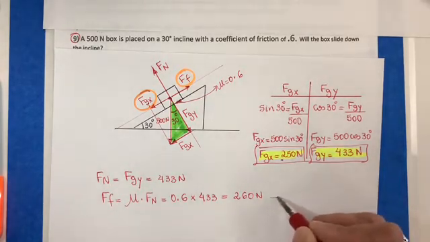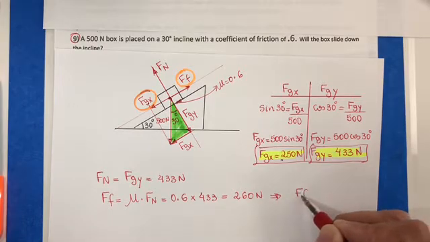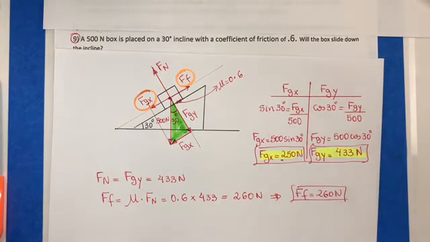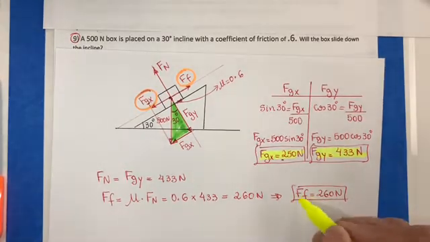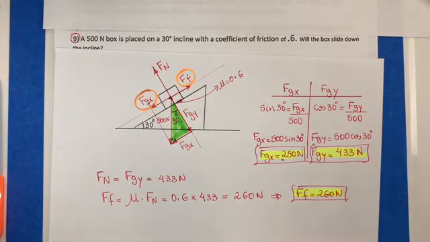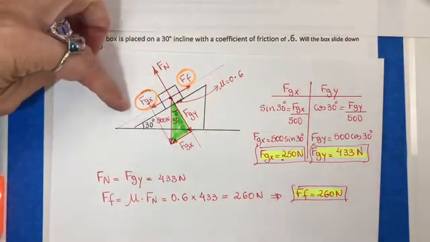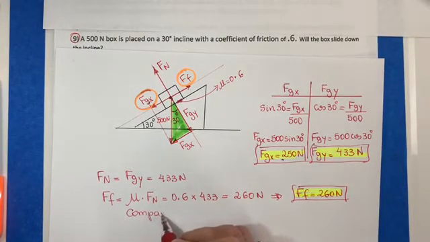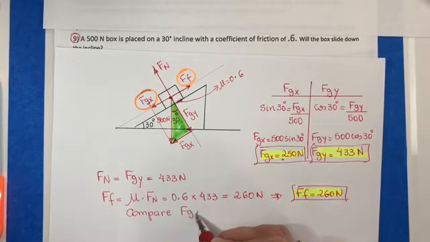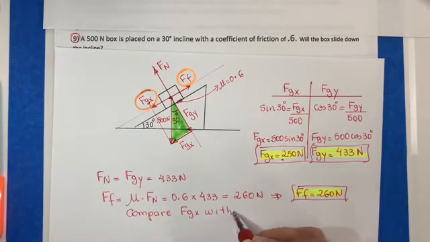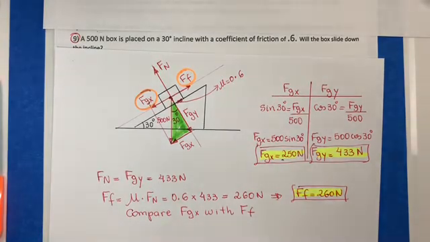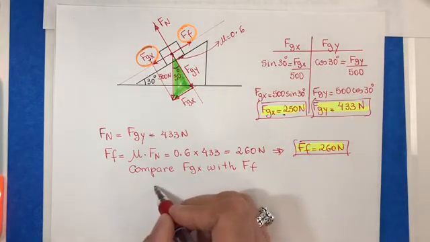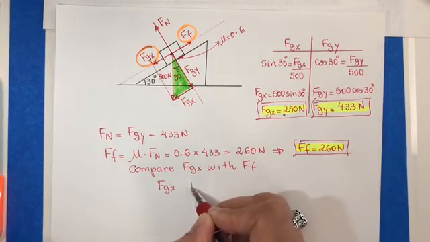Let me write this down one more time, just to make sure I have everything in a box so I can compare. All right, I have my FF value and my FGX value. Now we are going to compare FGX with FF.